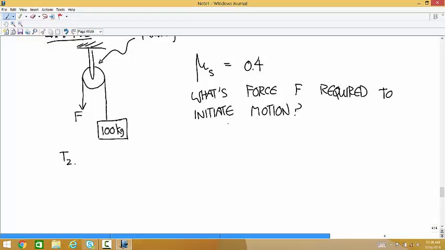Well, T2 is equal to 100 times 9.81. T1 is the force that we're trying to calculate.